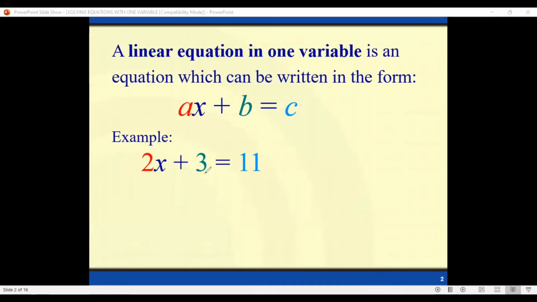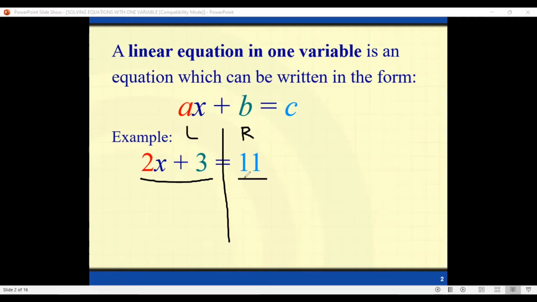Okay, so 2x plus 3 is equal to 11. This is an equation, which means that the quantity 2x plus 3 must be equal to 11. So the left-hand side of your equation must be equivalent to the right-hand side of your equation.